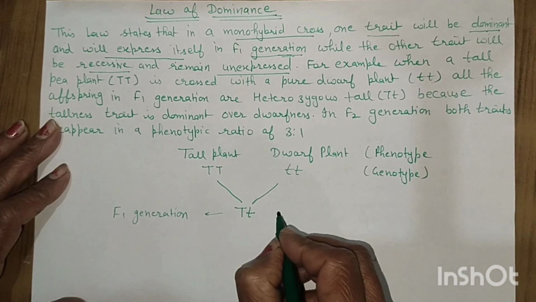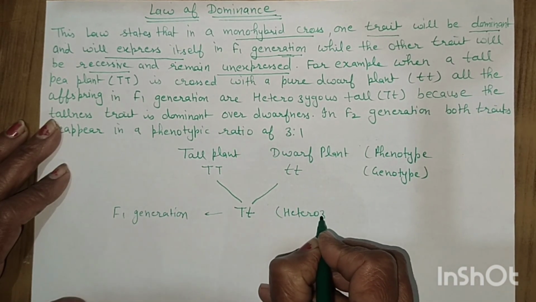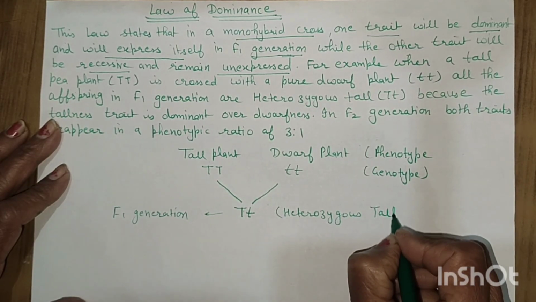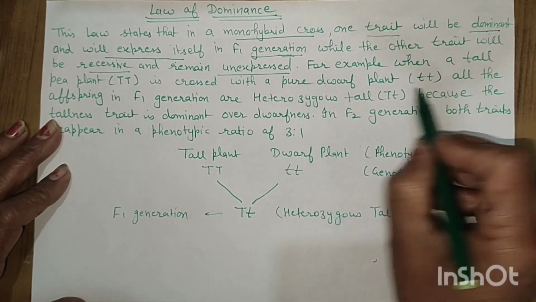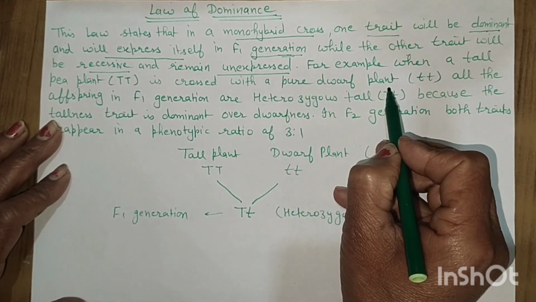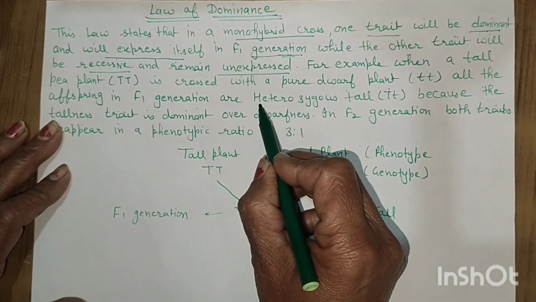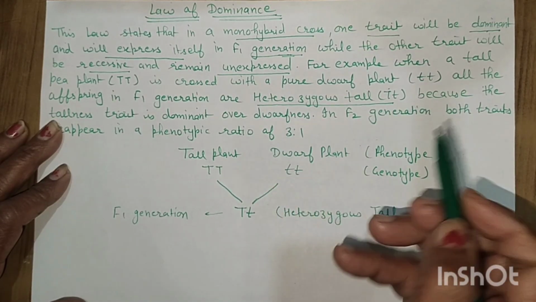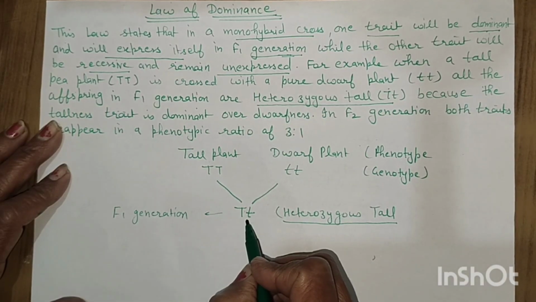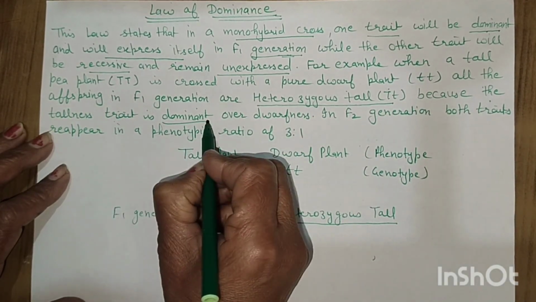In the F1 generation, it is a heterozygous tall plant. When we cross the tall pea plant with a pure dwarf pea plant, all the offspring in the F1 generation are heterozygous tall, capital T and small t, because the tallness trait is dominant.